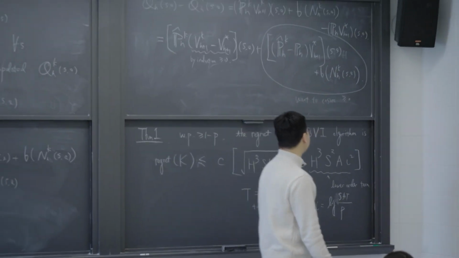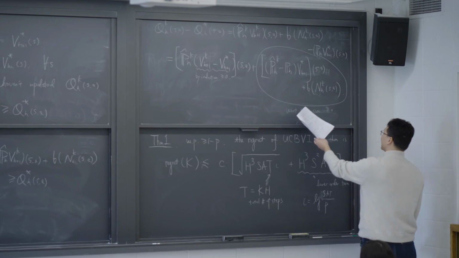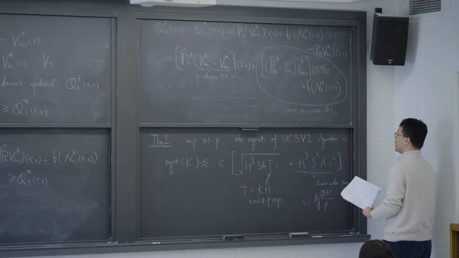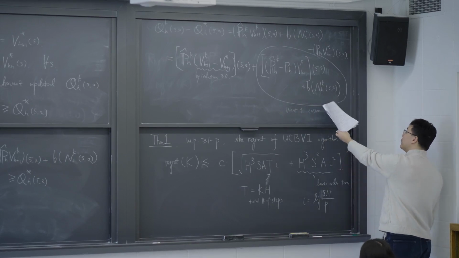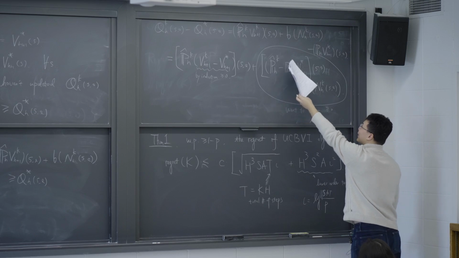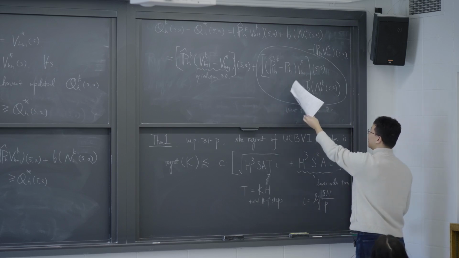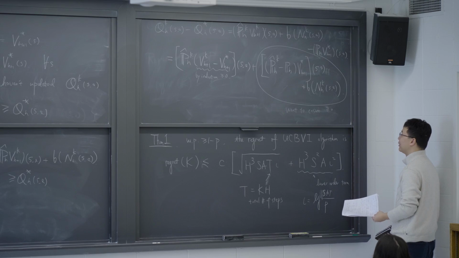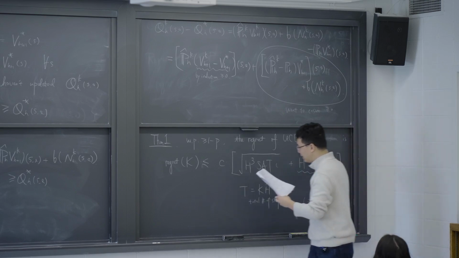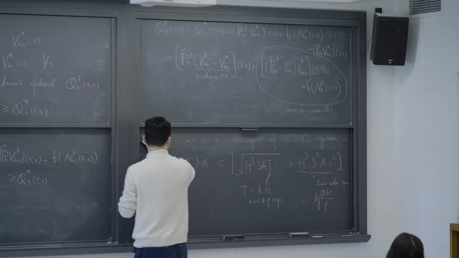Now we become very familiar with this thing, because essentially what we want to do is use a bonus term to cover some stochastic term, which turns out to be a summation of independent random, maybe not independent random, but a summation of martingale terms.